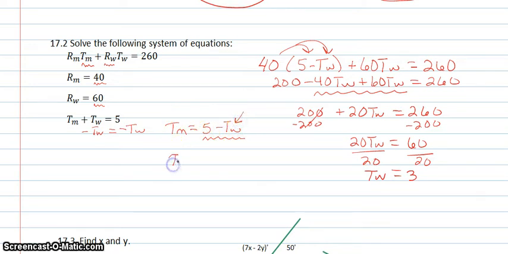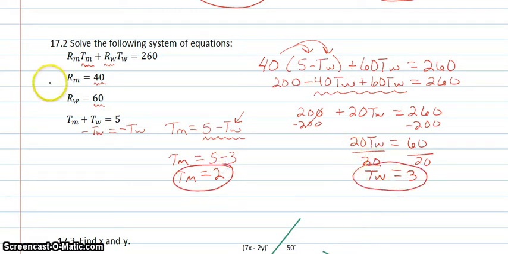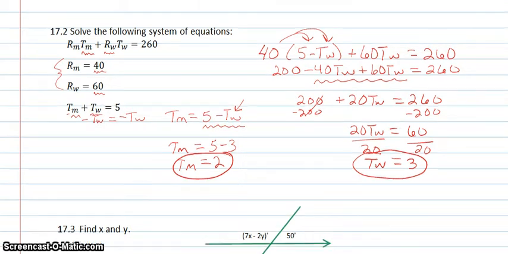So Tm equals 5 minus 3, so Tm equals 2. And now we know what each variable equals. They gave what the Rm and Rw equal, and now we also know what Tm and Tw equal. So we've solved the system of equations.